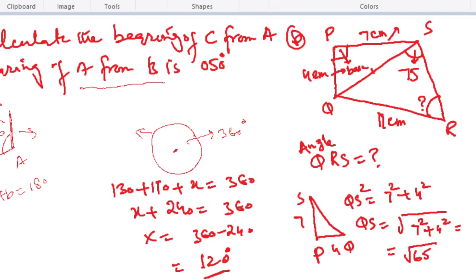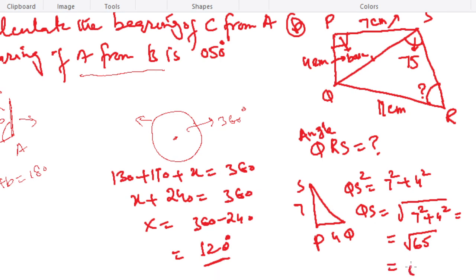The square root of 65 is giving us 8.06, or we can say 8.1. You can also write 8.1, but let's use 8.06. It's better to use that.